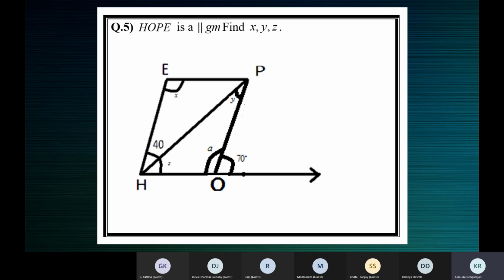Which are the parallel lines? Which is the transversal? Ma'am, HO and EP are the parallel lines, and PO is the transversal. All right.